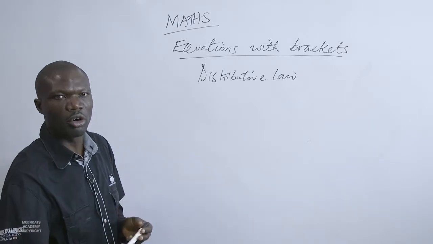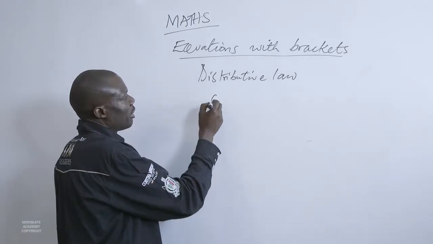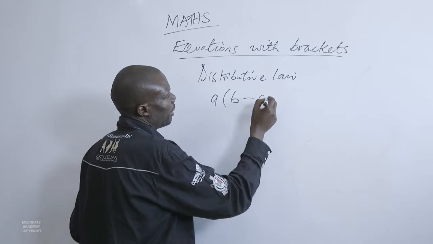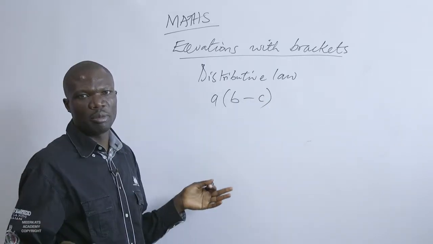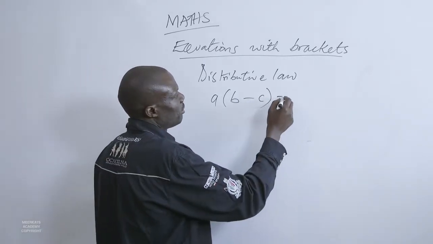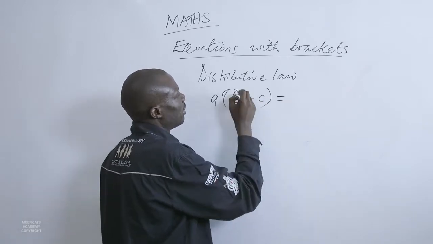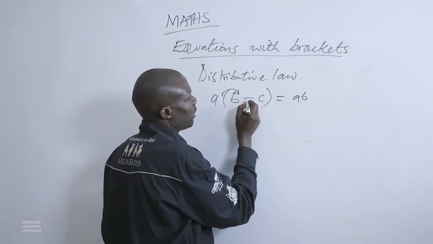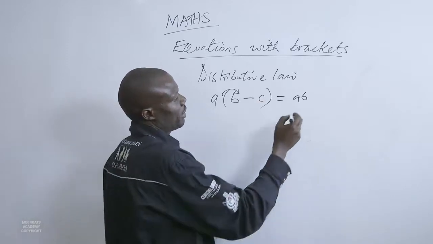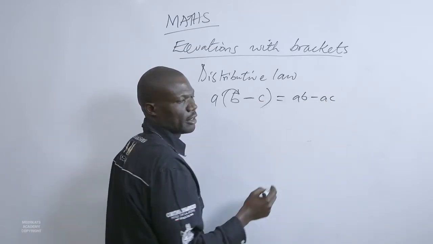Still on distributive law, if we are dealing with a factorized form of minus, that is A into B minus C, then the distributive law will state that this is AB, and then the sign here, look at it very carefully, it will be minus AC.